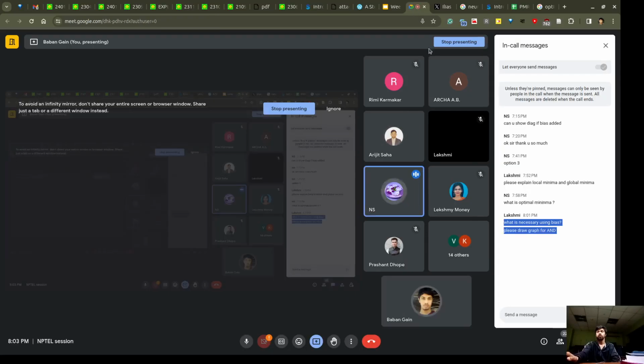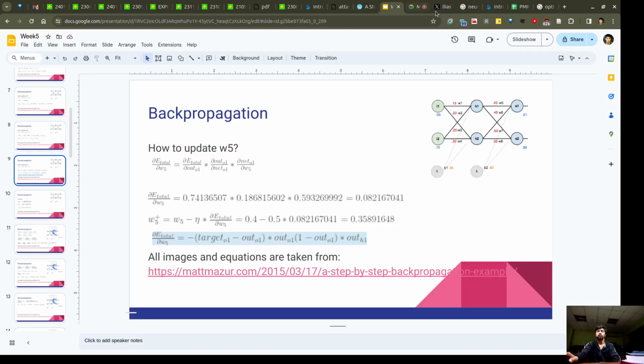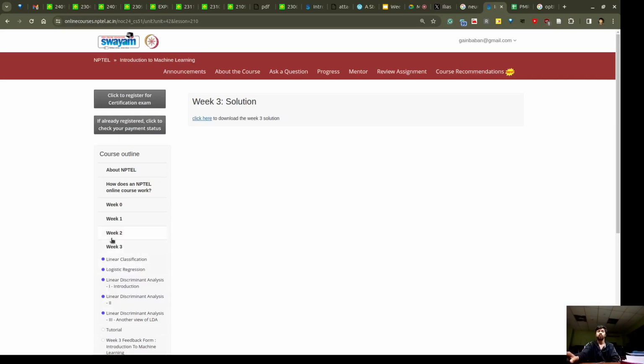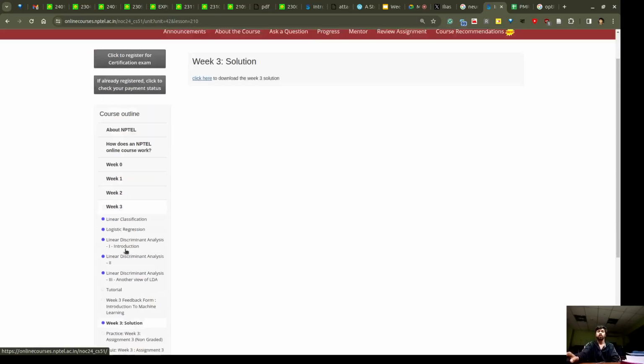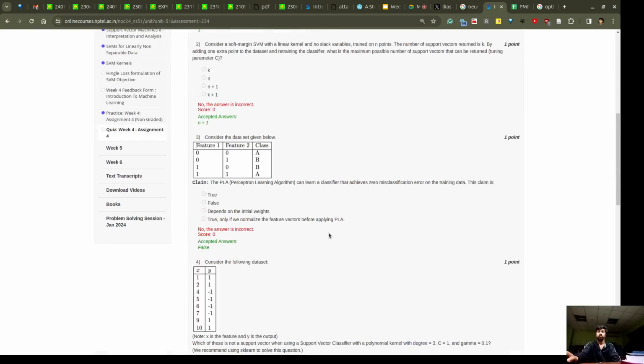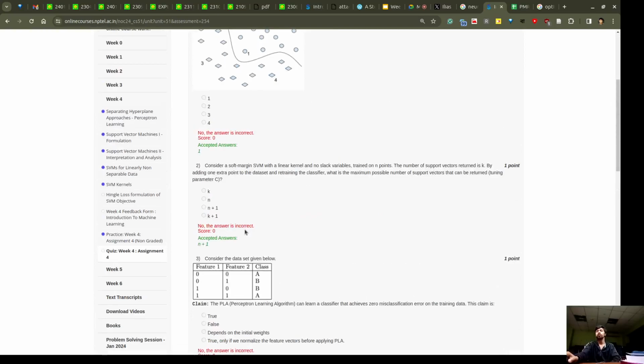Sir, after solving the week 4 assignment, I still have a problem with the XOR gate. About 2 to 3 questions in week 3 and week 4 were based on XOR.